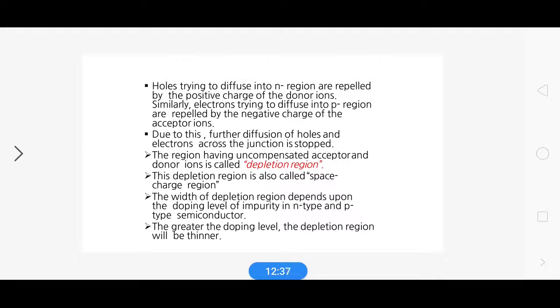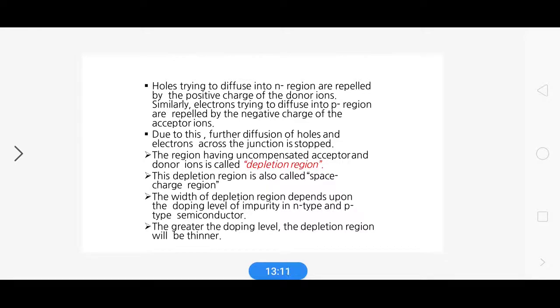There is no charge carrier near the junction, means holes are repelled for the diffusion as well as electrons are also repelled for the diffusion. No more charge carrier is accepted. They are repelled across the junction due to the acceptor and donor ions existing across the junction.